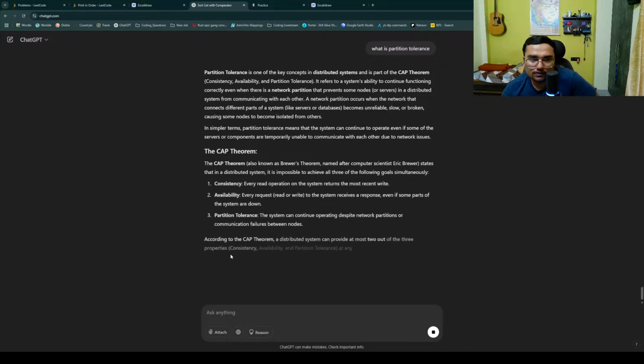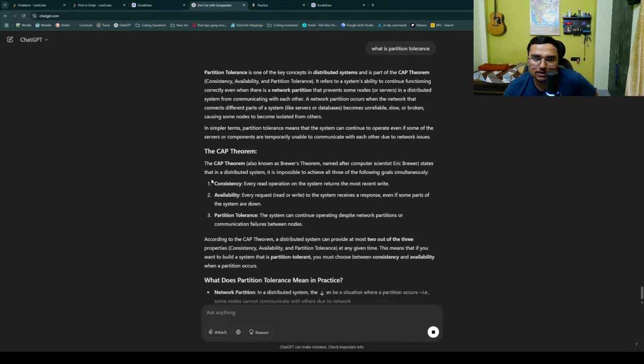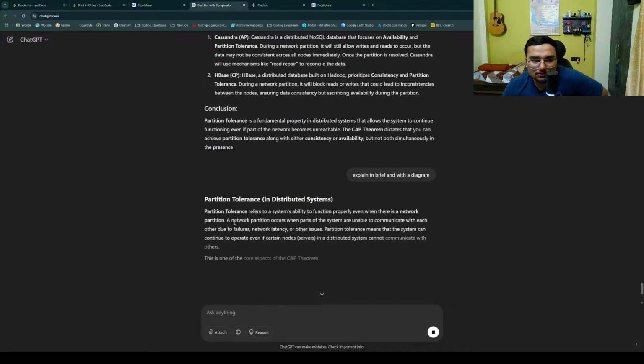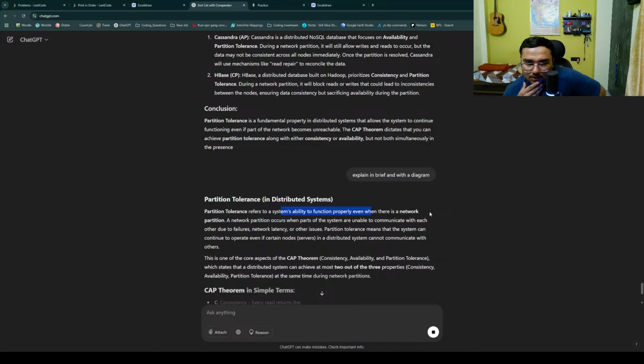Partition tolerance is one of the key concepts in distributed systems. Explain in brief and with a diagram probably. I don't need to read a book about partition tolerance. It is a system's ability to function properly even when there is a network partition.